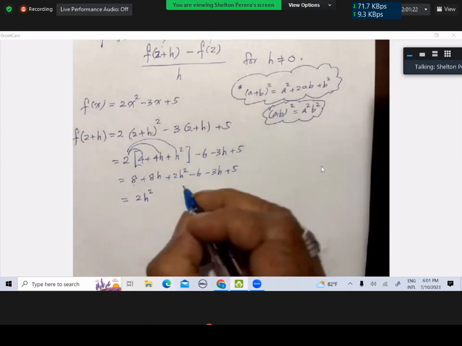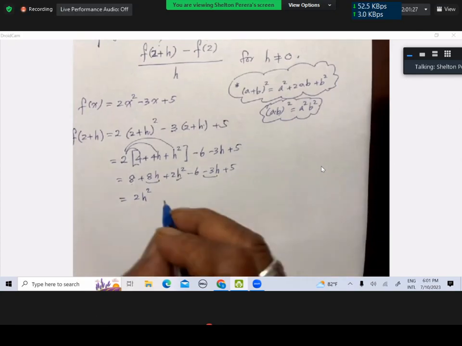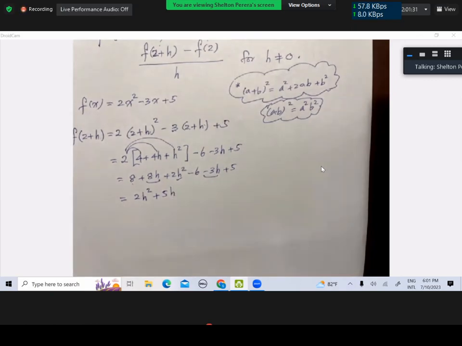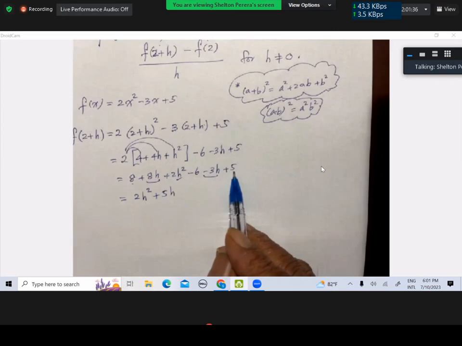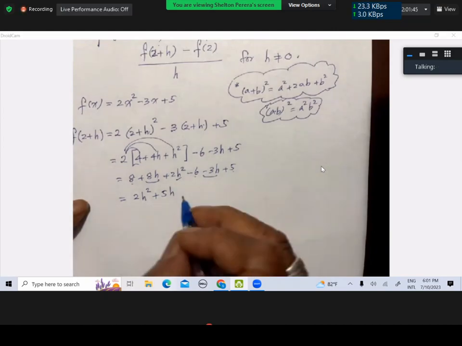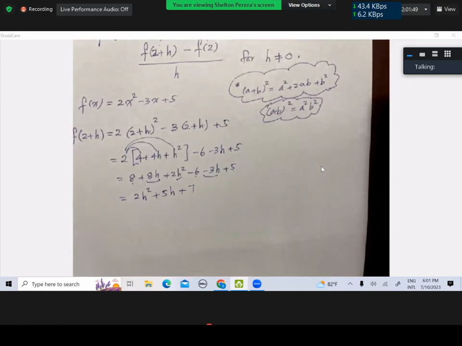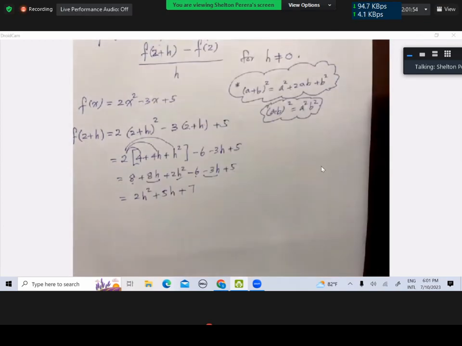Here, 2h squared, done. 8h minus 3h plus 5h. Then 8 plus 5, 13. 13 minus 6 plus 7. Okay? That is f of 2 plus h.